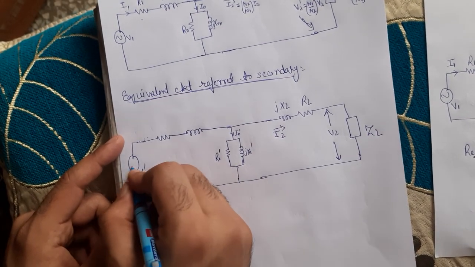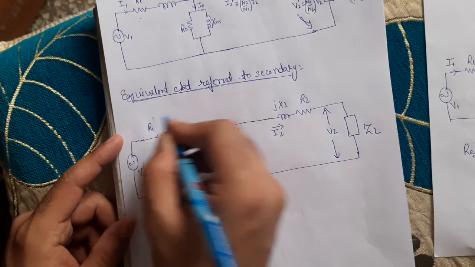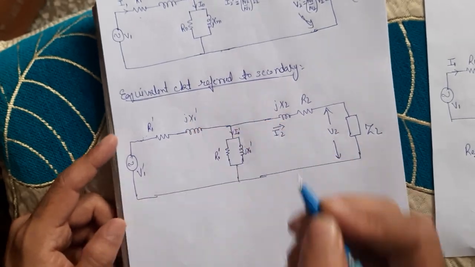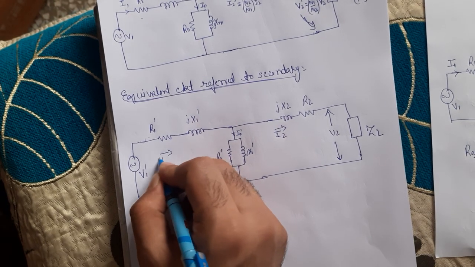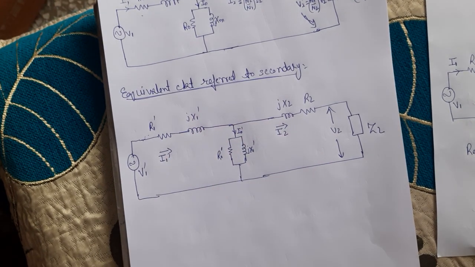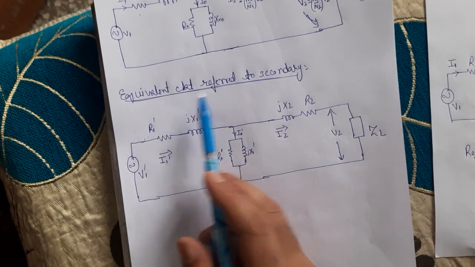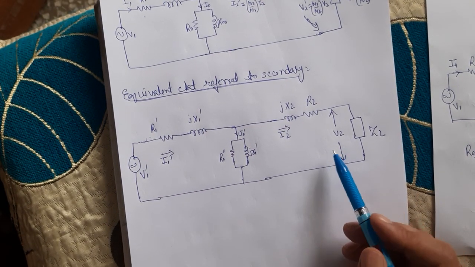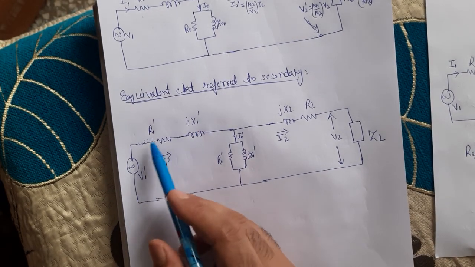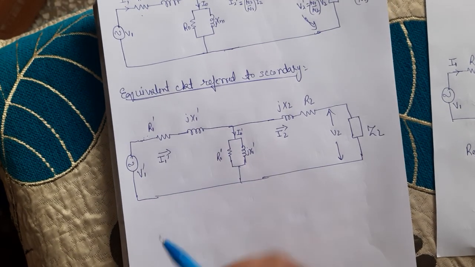It is V1 dash now, it is R1 dash now, it is jX1 dash now, and the current here is I1 dash. Now when I am referring the primary to the secondary side, the secondary circuit will remain as it is. There will be no change. However, this dash sign will come with all the quantities on the primary side.